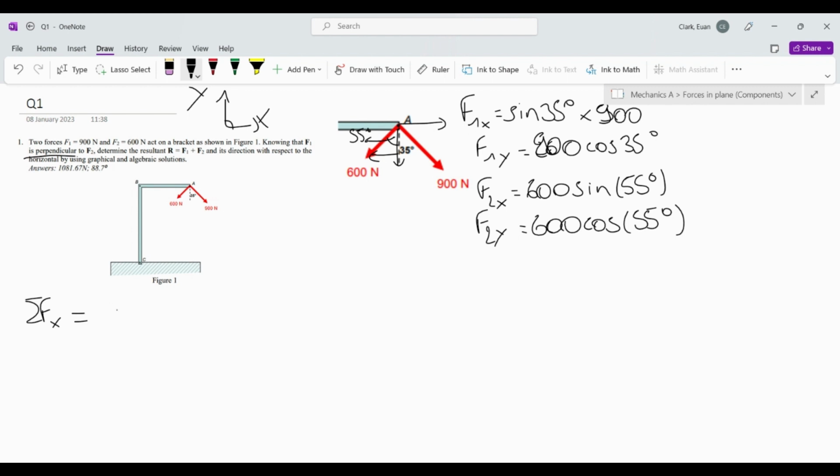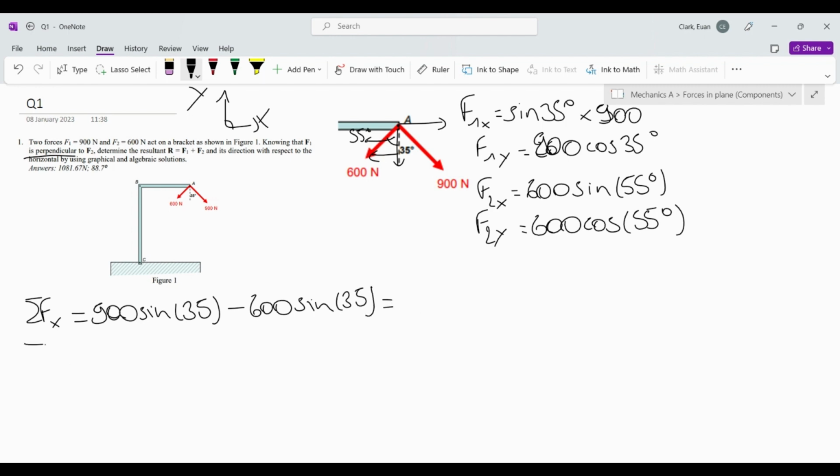We'll go right ahead and write 900 sine 35. But for the 600, the x force would be to the left, so we go minus 600 sine 35. Fantastic, and we'll get an answer for that.